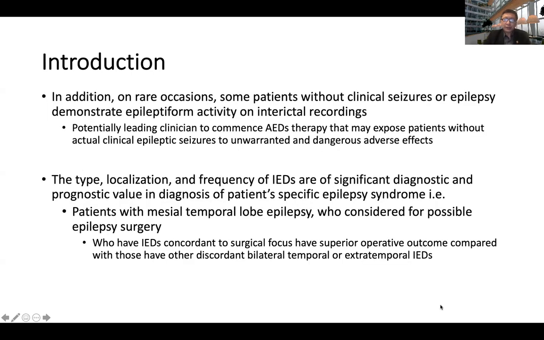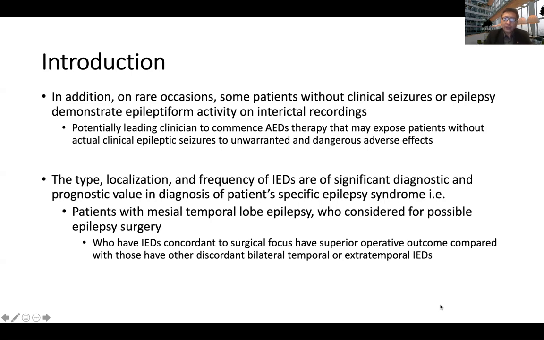In addition, occasionally some patients without clinical seizures or epilepsy can demonstrate epileptiform activity on interictal recording. This potentially can lead clinicians to commence AED therapy, which may expose patients without actual clinical epileptic seizures to the risk of adverse effects from the medication.